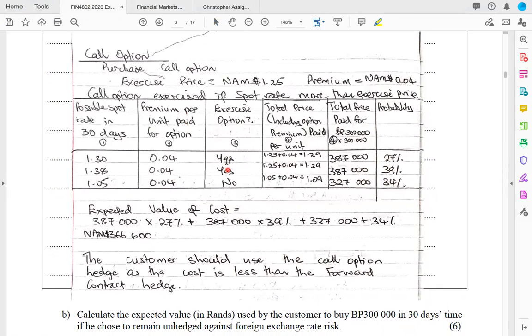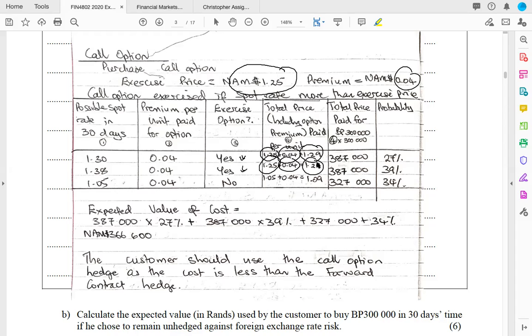And then once you've determined when you will actually exercise your option, you then determine the total price associated with the particular possible spot rate. So if you do exercise your option, the total price associated with the possible spot rate will be the exercise price plus the premium.